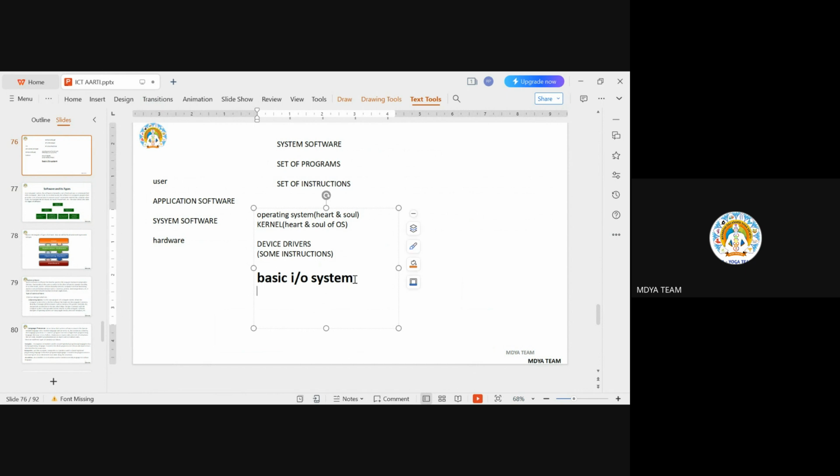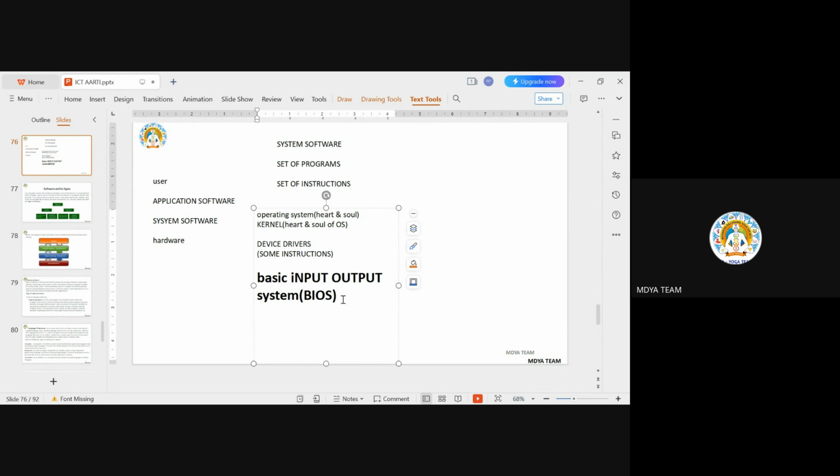That is called BIOS. You know BIOS, sometimes you must have heard this word. What is BIOS? BIOS is the basic input output system.